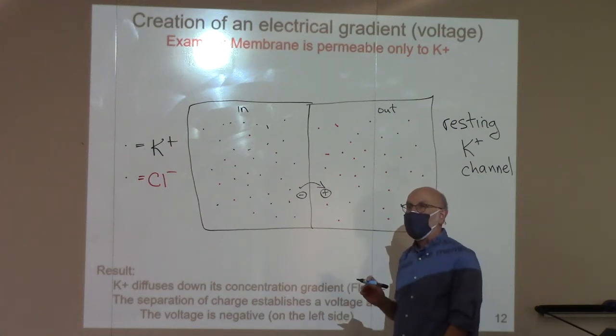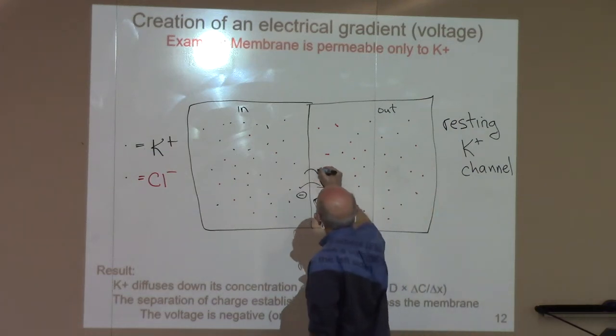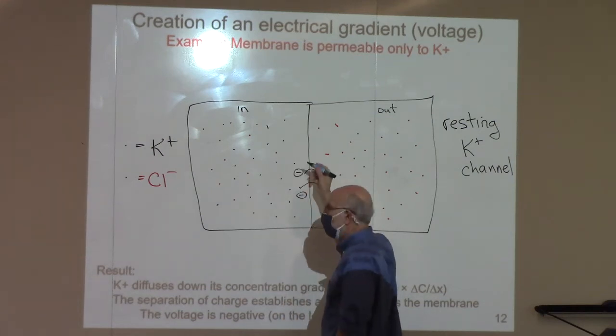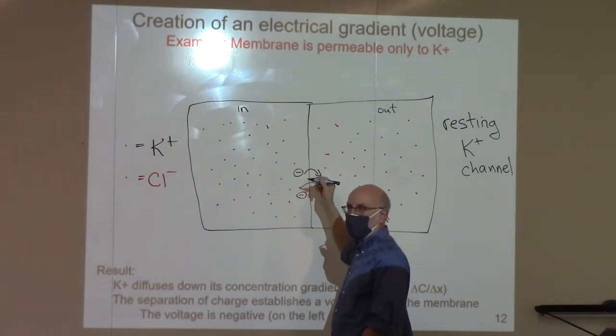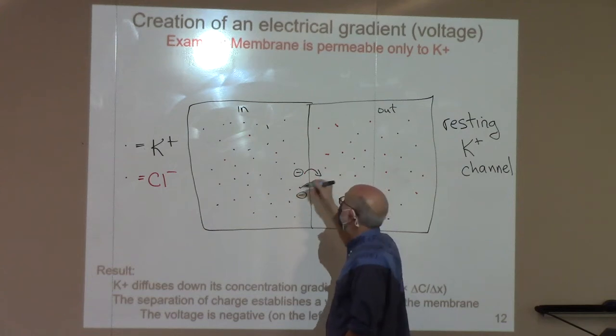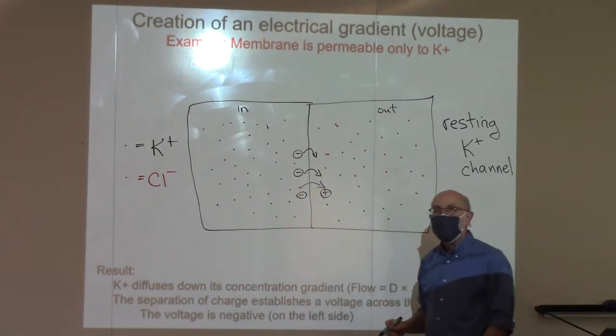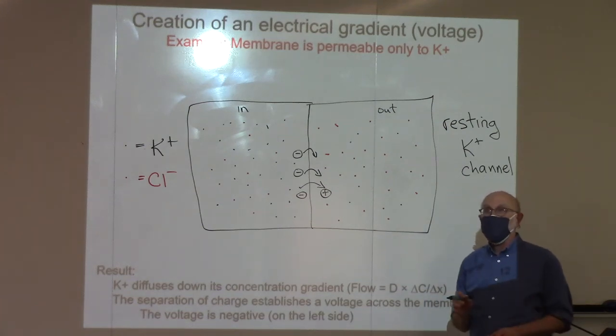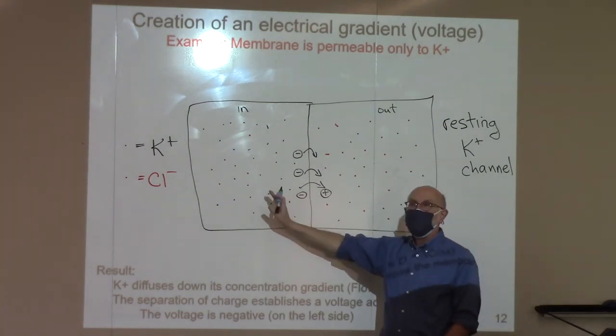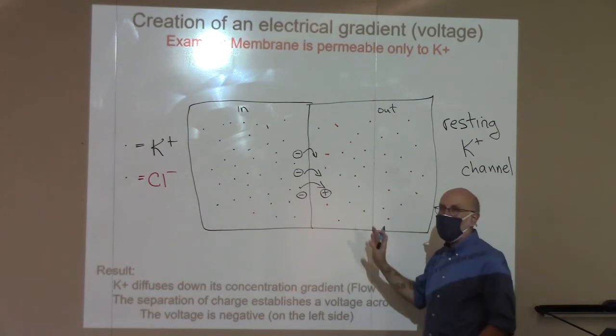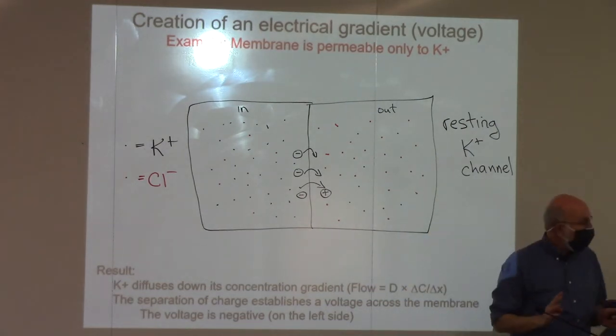Only potassium can flow. So another one goes through an open channel, another negative charge left on the inside. Again, negative. Now you're already seeing that the inside of the cell is negative relative to the outside of the cell.